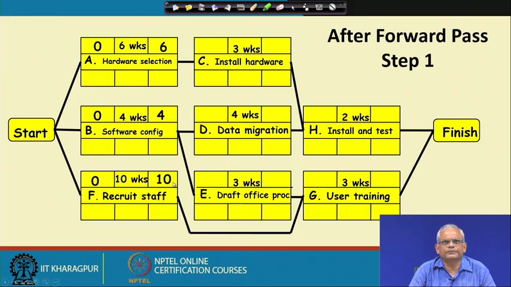And in the next step, we look at the successor here, C is the successor for A, and we put 6 here, indicating that the earliest completion time of task A is 6, and therefore, the earliest start time of task C is 6. And then it takes 3 weeks, we put 9 here, that is the earliest completion time.